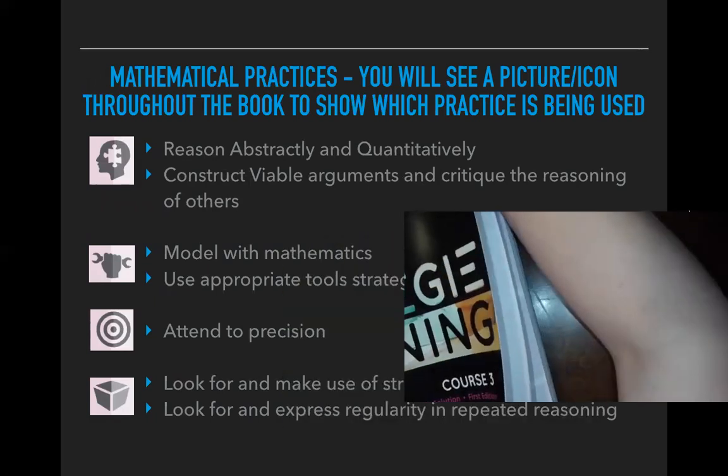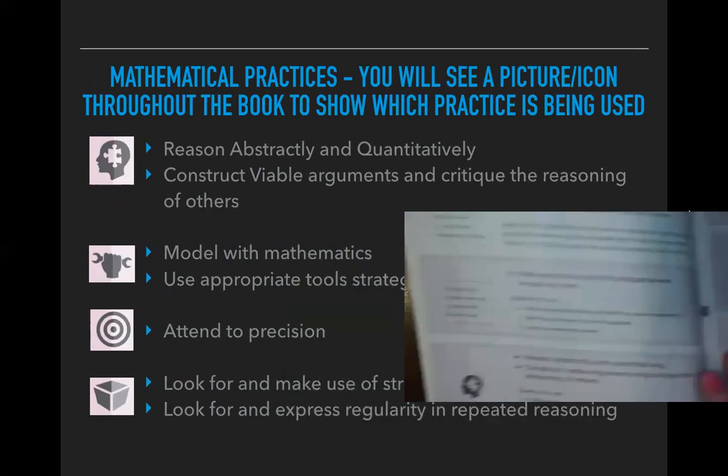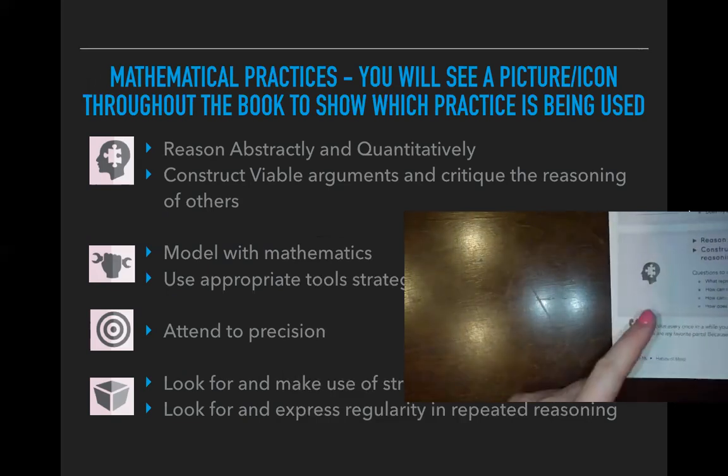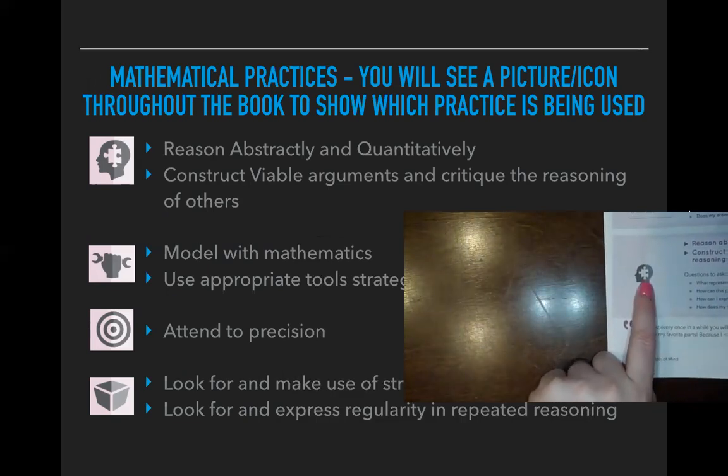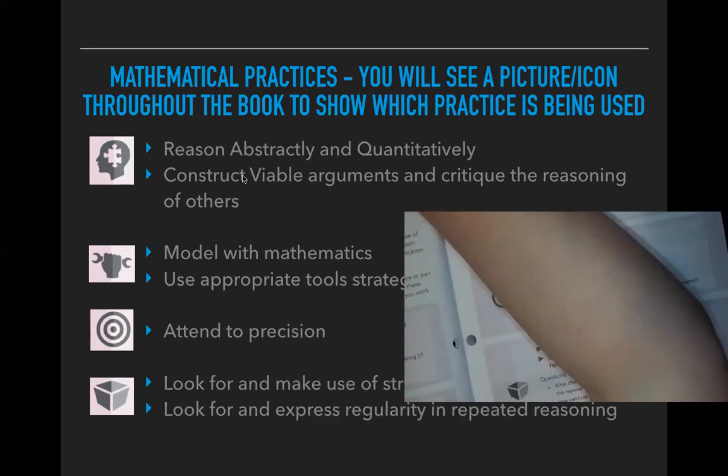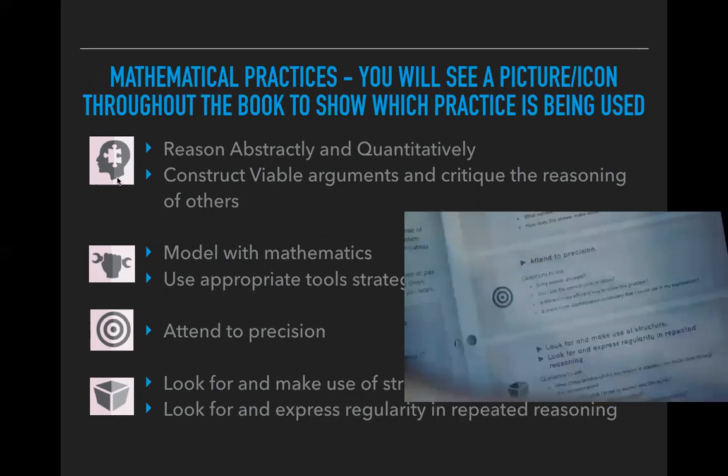So I'm going to move slides forward for just a second and move that out of the way. In that textbook, you're going to see this icon in random places. Anytime you see that icon in a lesson, that means you're using the math practices reason abstractly and quantitatively, and construct viable arguments and critique the reasoning of others. If you see that head with the puzzle piece, that's what that lesson is dealing with, which math practice.